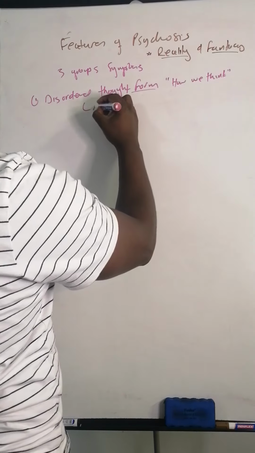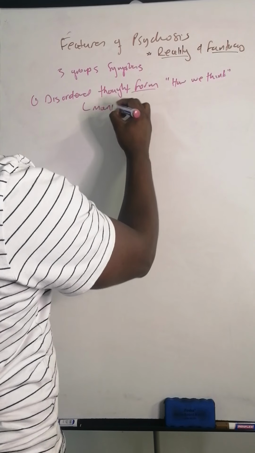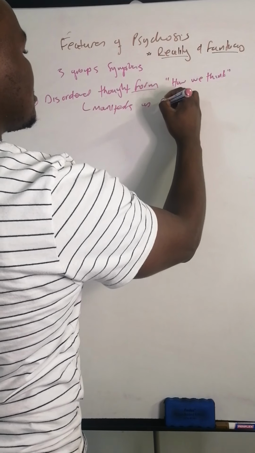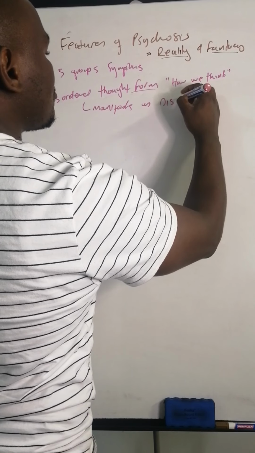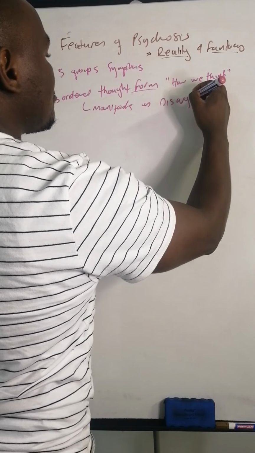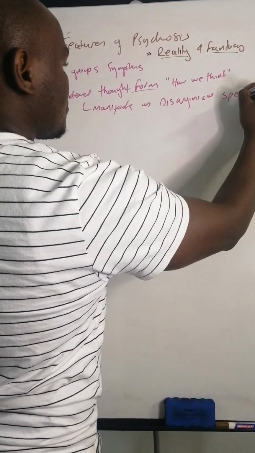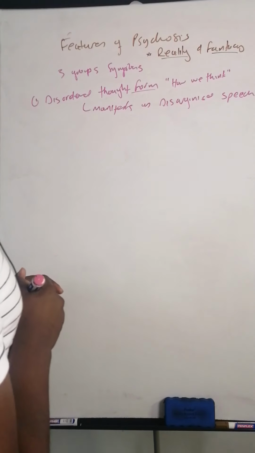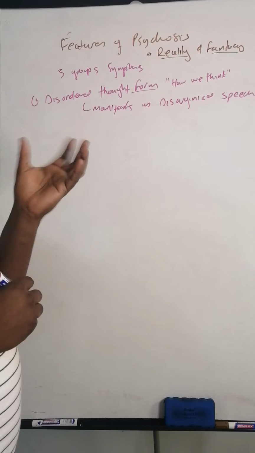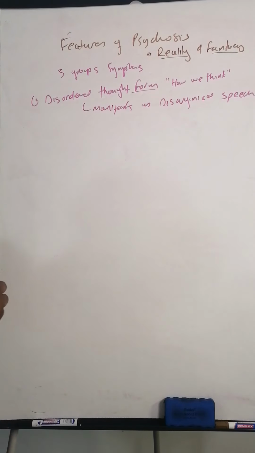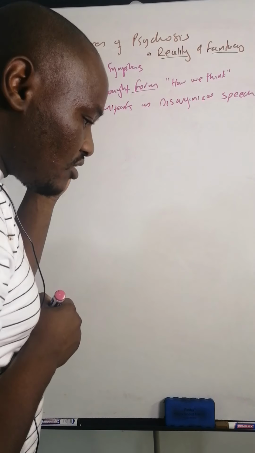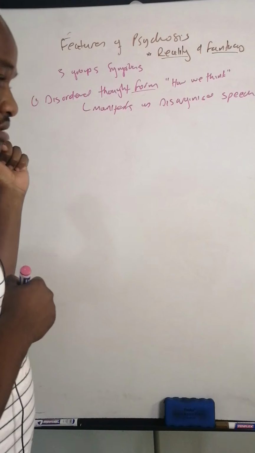It manifests as disorganized speech. When someone has a thought form disorder, you cannot open their brains and check and see that they've got a thought form disorder.